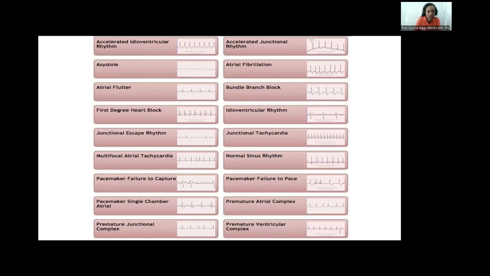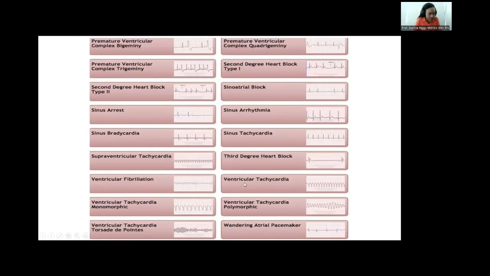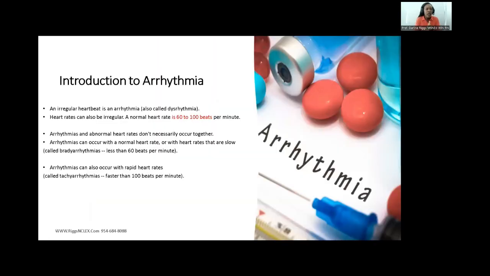We're going to do the blocks, we're going to do asystole, we will cover atrial flutter, atrial fibrillation, VTAC, VFib, right? Those are the very common ones, and some really rare abnormal ones, but I cover them because I know they're on your NCLEX. So just be familiar with the others.